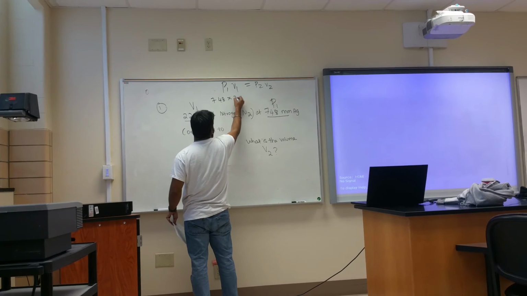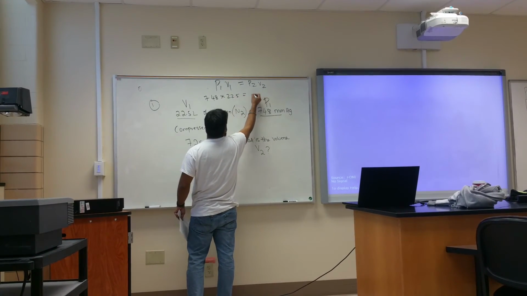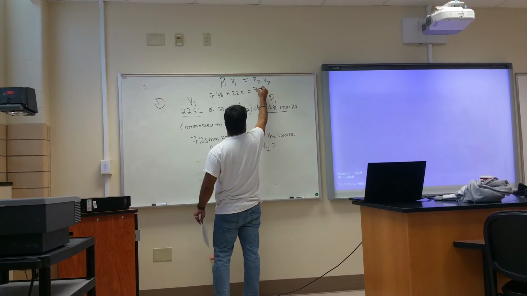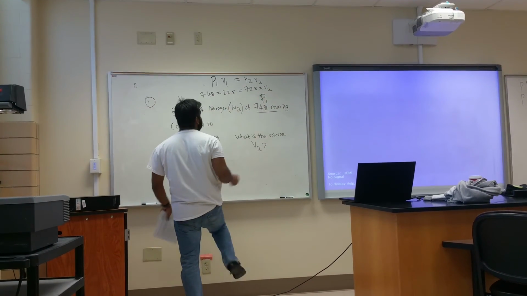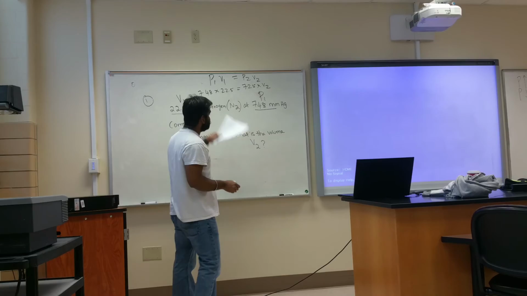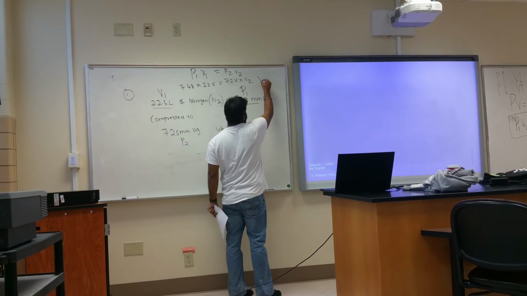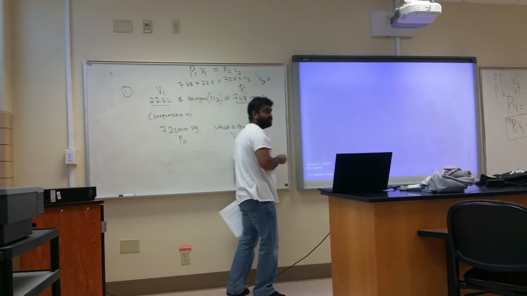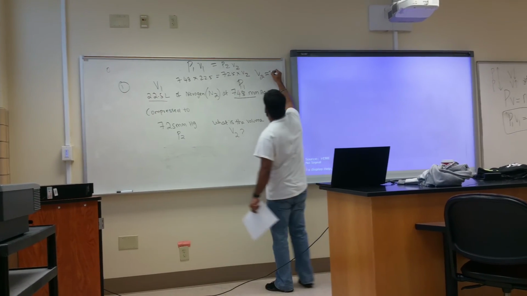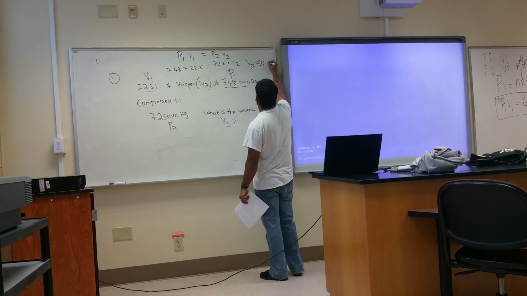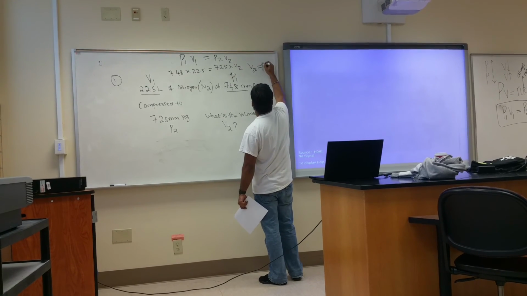We know volume is 22.5. We know pressure 2 is 725. What is V2? So divide both sides by 725, multiply this, and can anyone get me the V2 value? 23.21. Yeah.